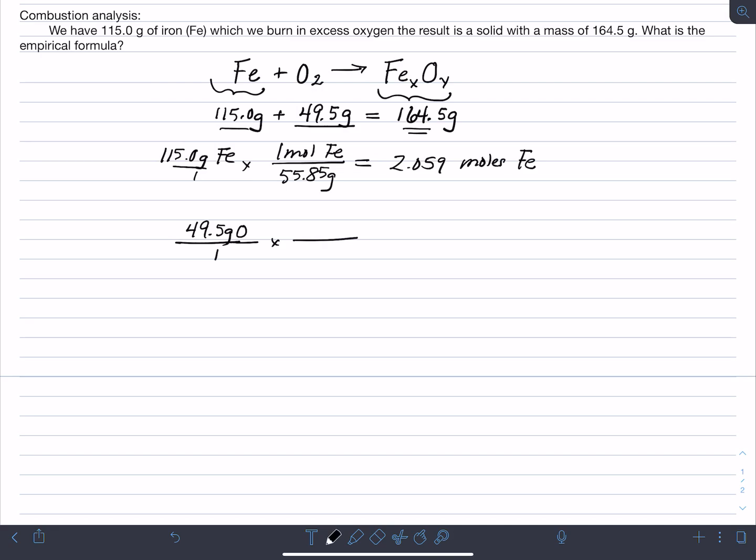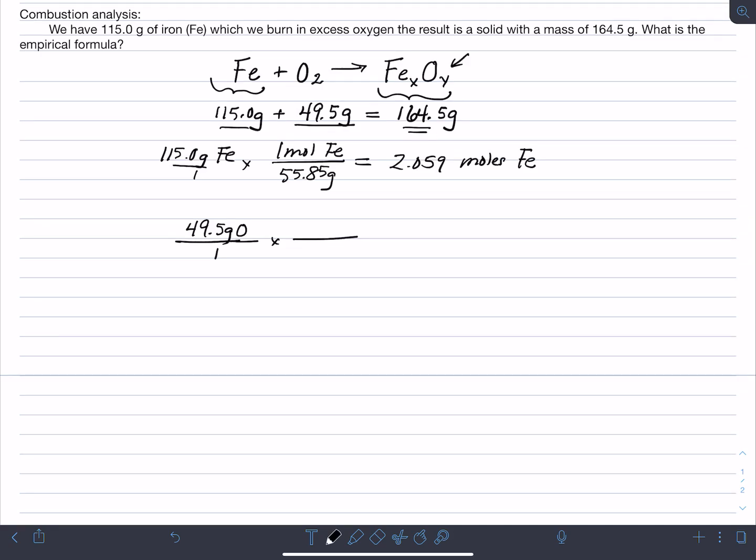So what I'm trying to figure out is how many atoms of oxygen are present in the final compound. All right, so 49.5 grams of oxygen. For every 1 mole of just O, it's 16.00 grams. And that is 3.09 moles of oxygen.